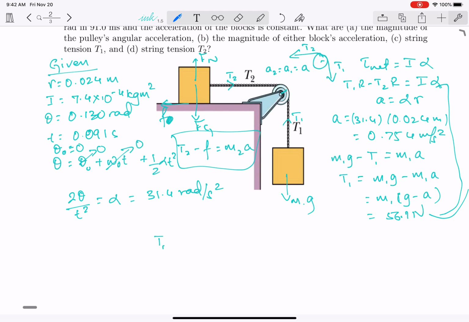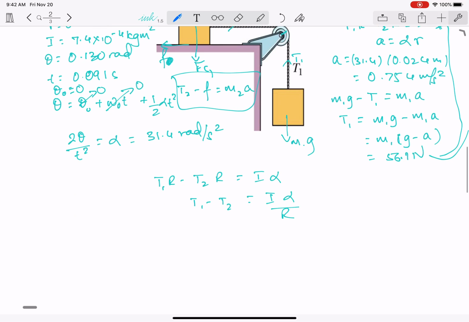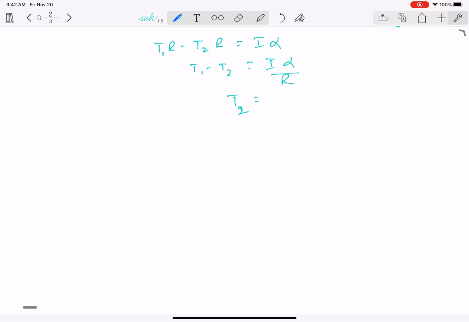So T1 R minus T2 R equals I times alpha. So T1 minus T2 is I alpha over R. So T2 equals T1 minus I alpha over R, which is 55.1 newtons.